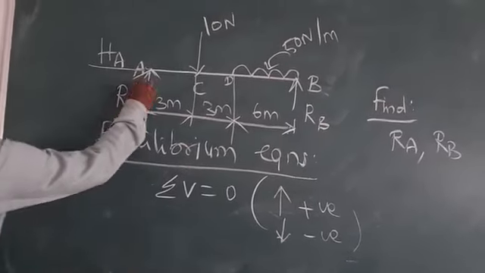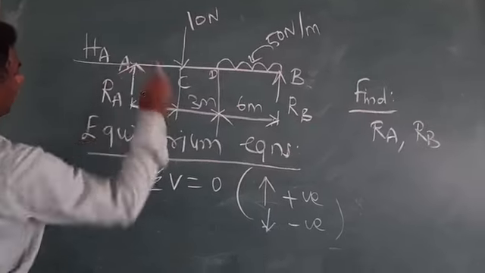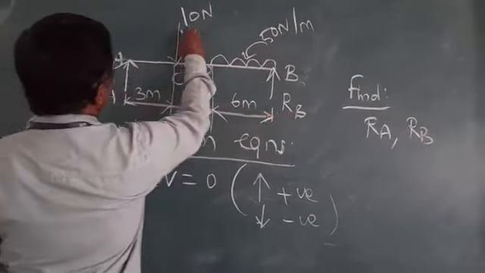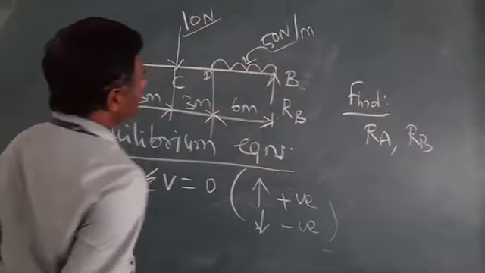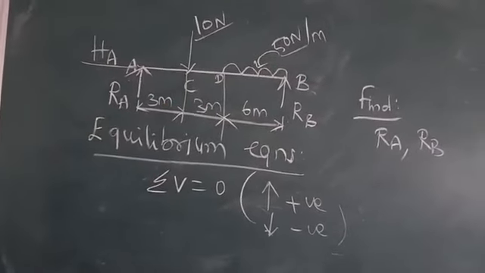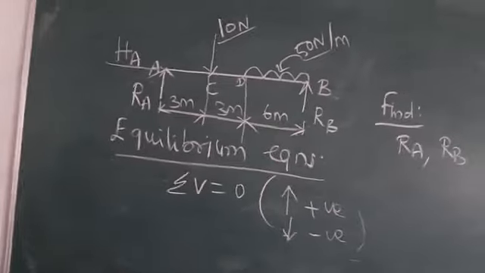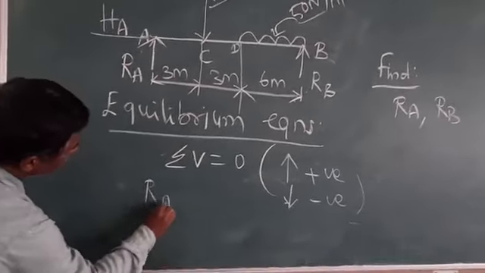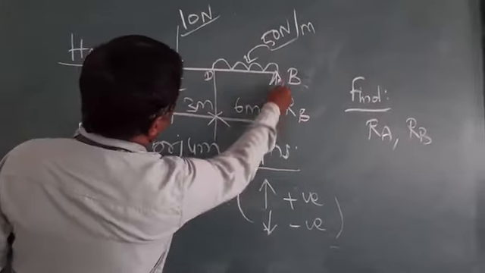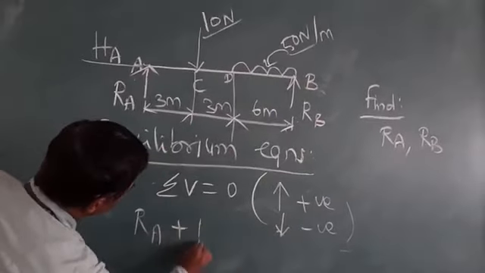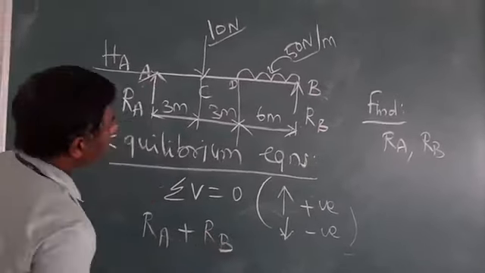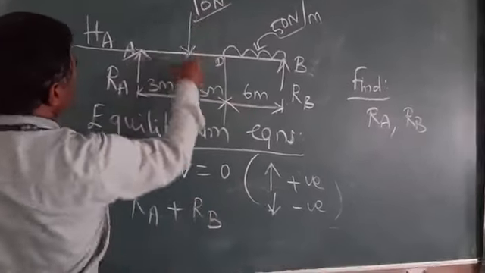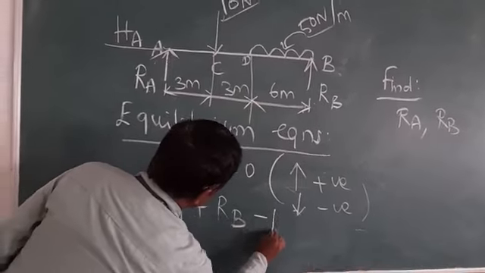Now I have taken upward forces as positive. So I have vertical forces RA, RB, the 10 Newton, and the 50 Newton per meter. Totally four forces are there that I have to consider. RA is positive, RB is also positive, and the 10 Newton is a downward action, so it is taken as negative.